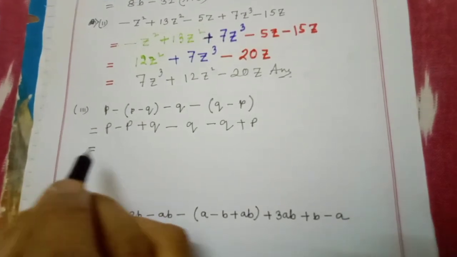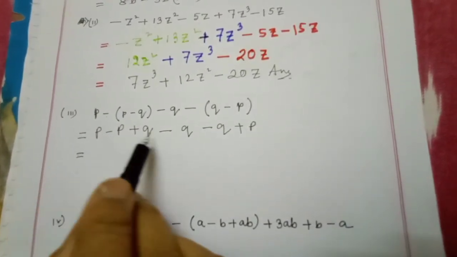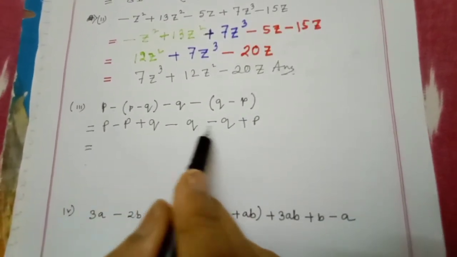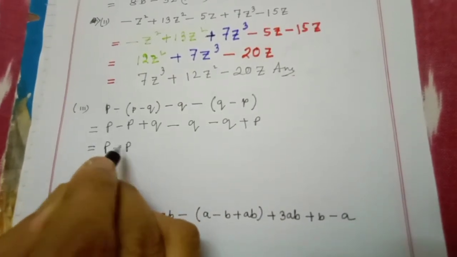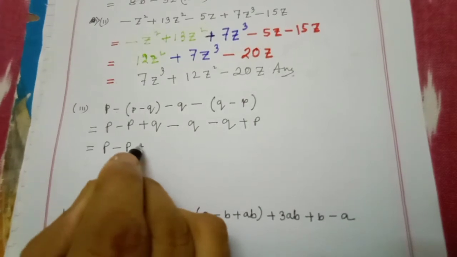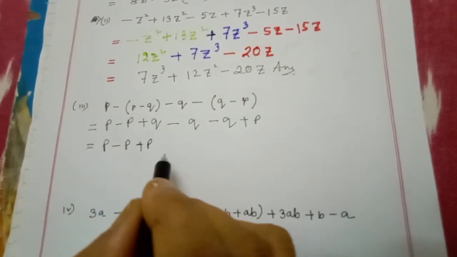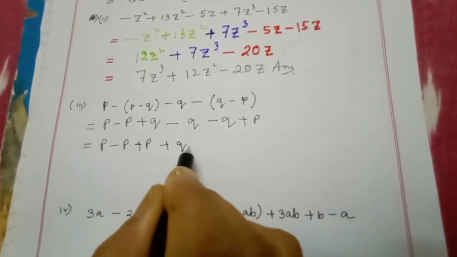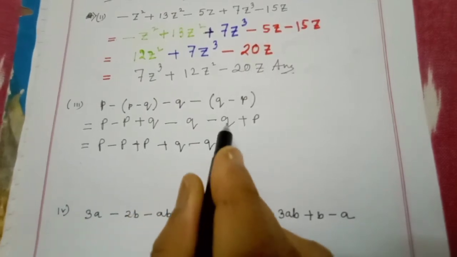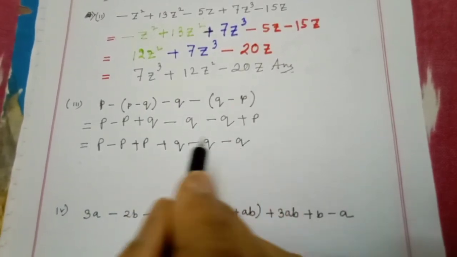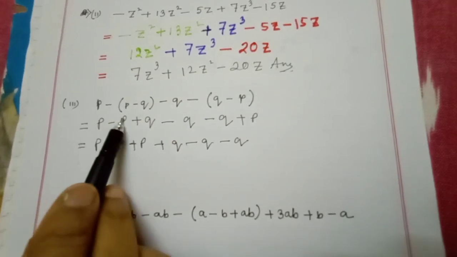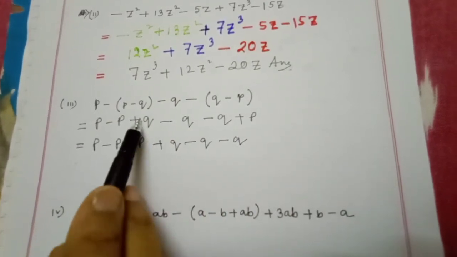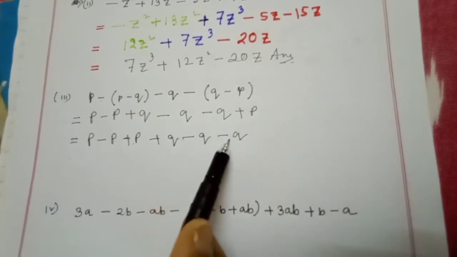Now all the p are like terms and all the q are like terms. Now how many p? You can see p, minus p, and plus p. And here plus q, minus q and minus q. Now p minus p plus p, plus q minus q minus q.